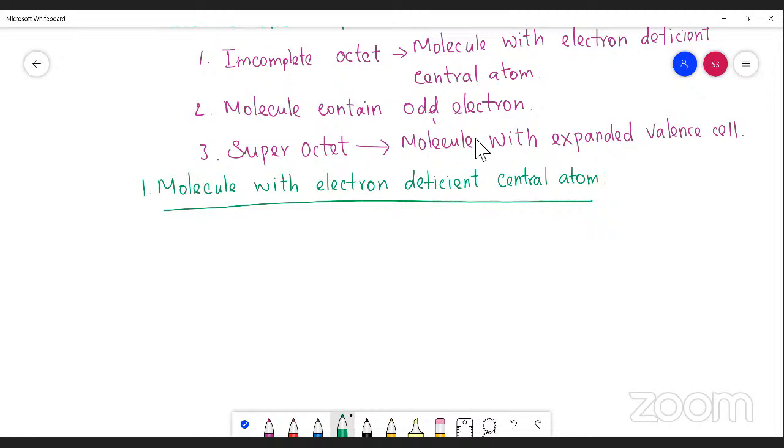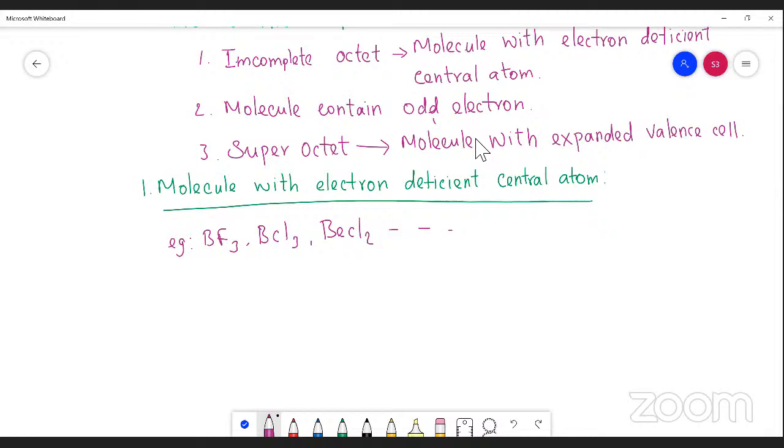For example, a molecule with less than 8 electrons: BF3, BCl3 and BeCl2, beryllium chloride. These are all exceptions to the octet rule.